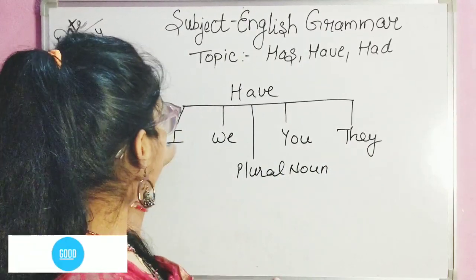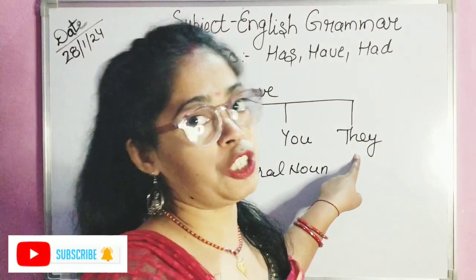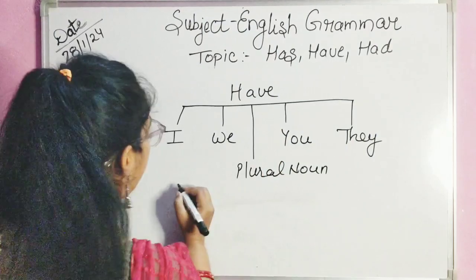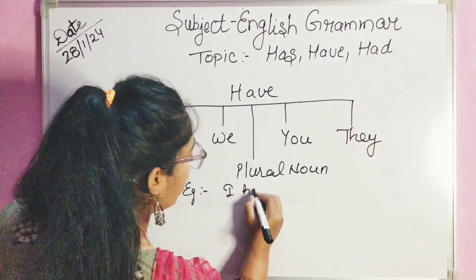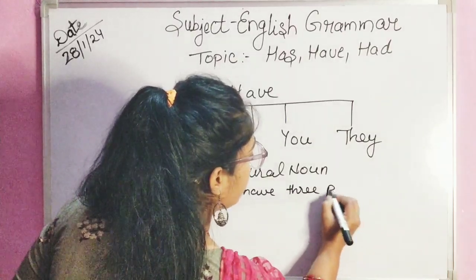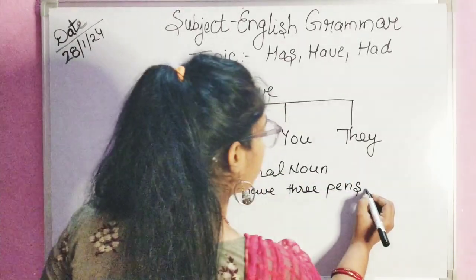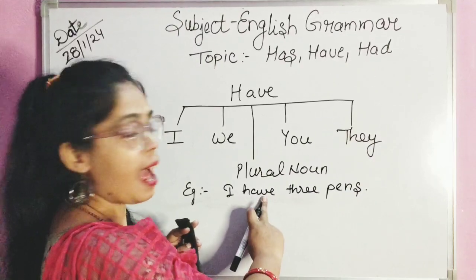And remember, I, we, you, they are also possessions, that is belongings. So you can take an example here: I have 3 pens. With I we have used have.